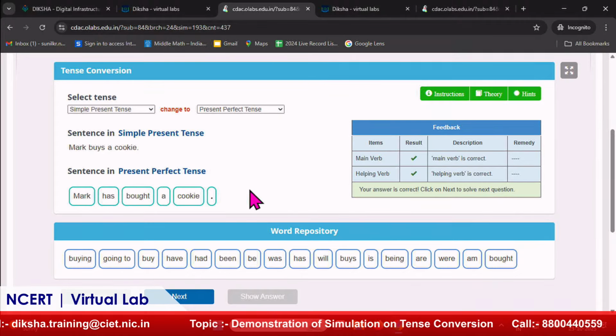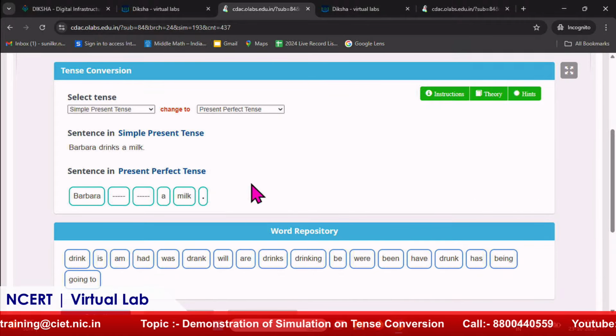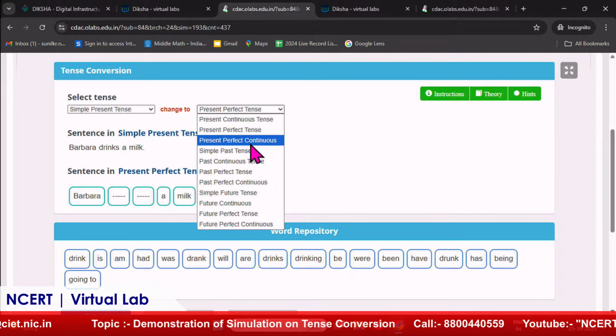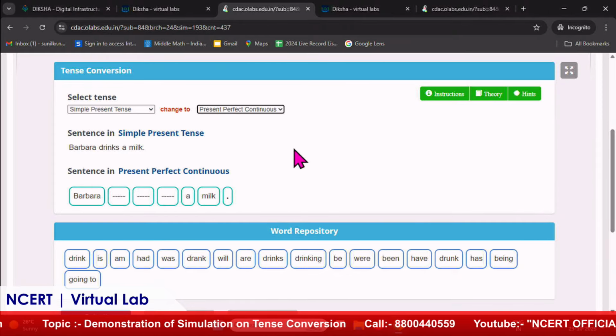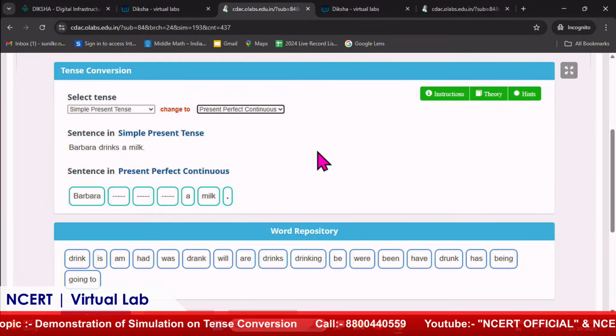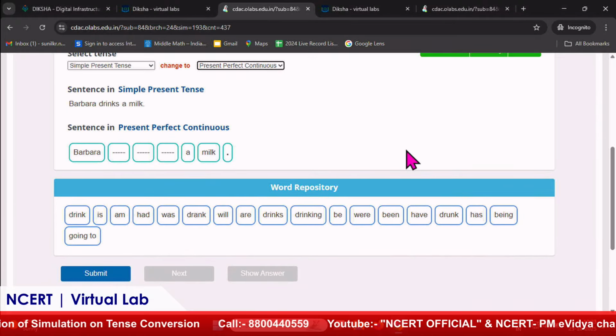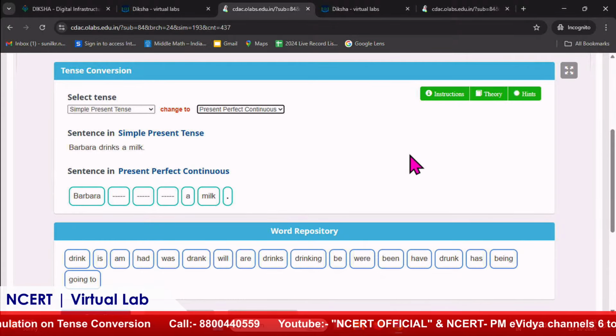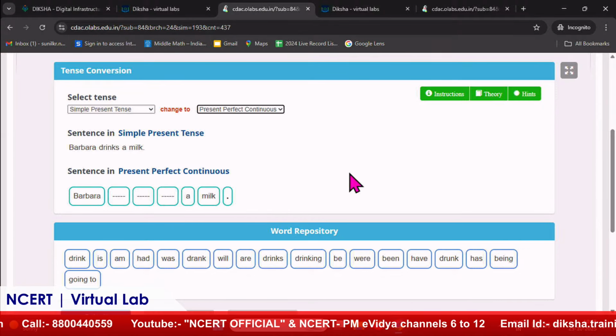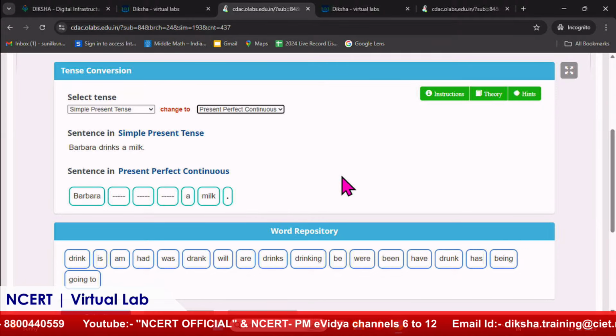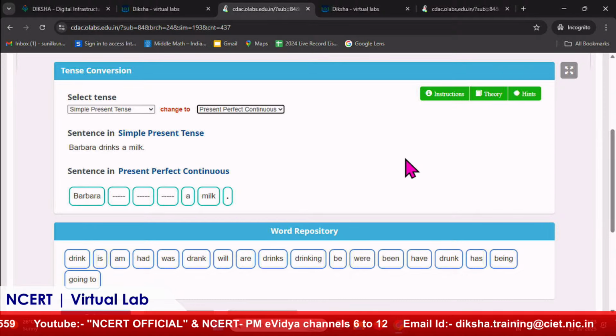Correct. Great. Let's see the next example and make it present perfect continuous. Barbara drinks a milk. This is kind of wrong because it should be milk, and it can't be a milk. There is no need of that article. There are some problems, so we can take up some other sentence. No, it's fine. We'll consider the milk as an object and work with that. All right. Okay.